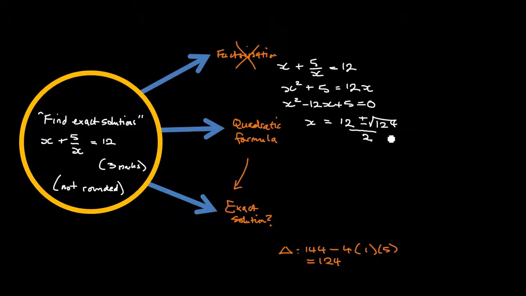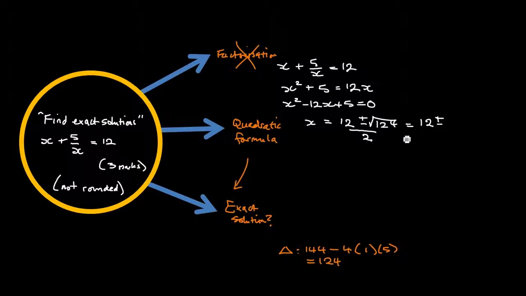Now the problem we've got is we can't simply find the decimal square root of 124. What we might think about then is a surdic solution. If we have to keep things exact, surds are our friends. So we're going to have 12 plus or minus.